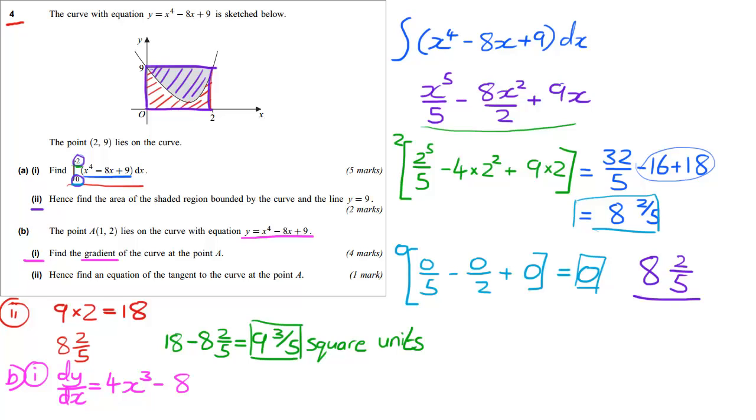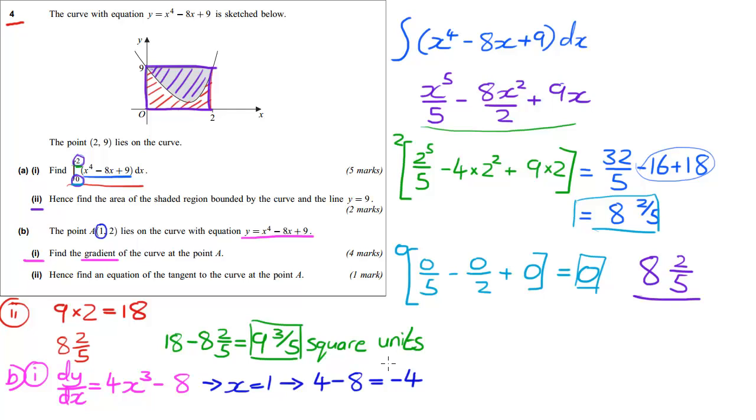Let's change to blue. So then what we need to do is put x equals 1, because our x value is 1. So if we put x equals 1 into that, then what are we going to get? Well, 1 cubed is 1, times 4 is 4, so we're going to get 4 minus 8, which is equal to minus 4.